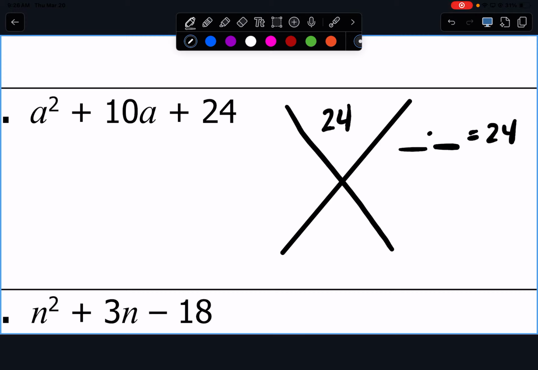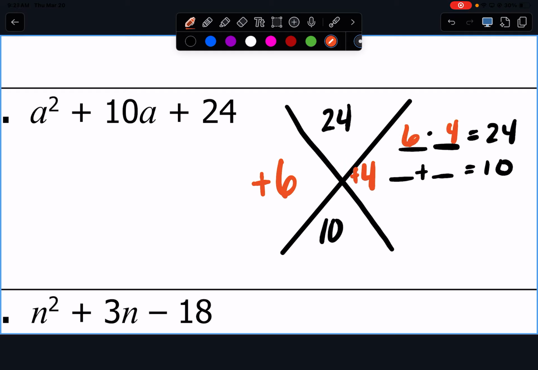What's our B? 10. And we have to figure out what plus what gives us 10. So what are the factors that we need to use? Negative 12 and negative 2? That would give us negative 14. 6 and 4. Positive 6 and positive 4. Okay? So to write our answer for this, what would I say?